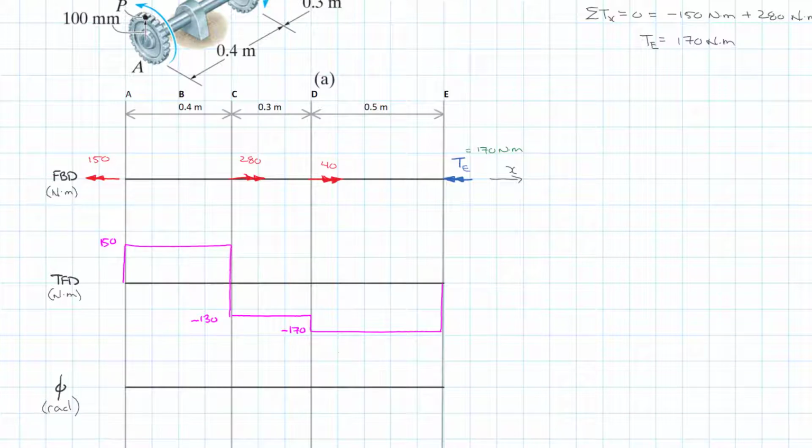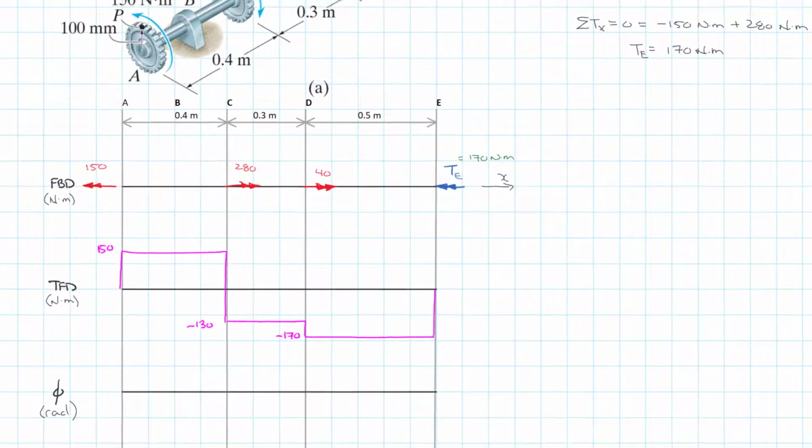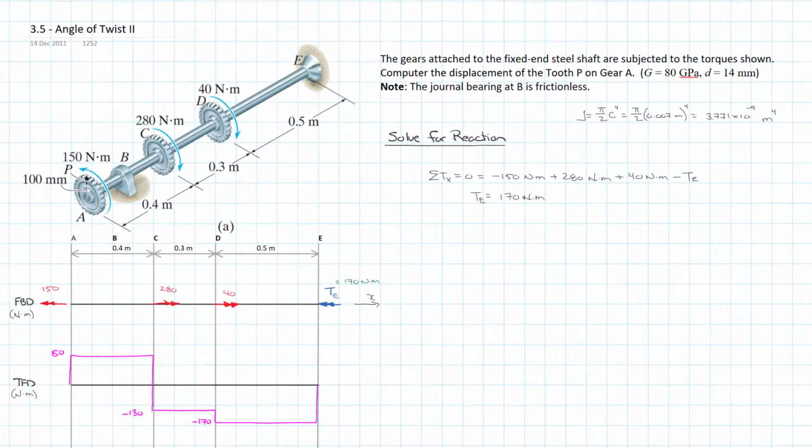And so we can calculate our angles of twist in successive sections of uniform torque and geometric properties and all of those things, as we've done once before. So let's label our angle of twist.